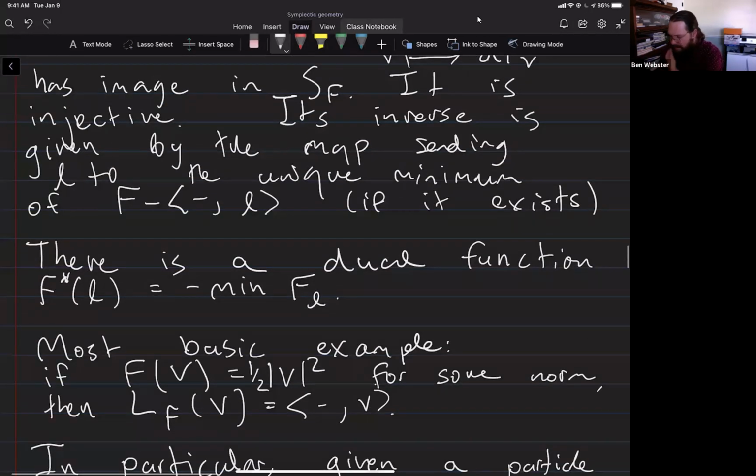So the most basic example to keep in mind is if V has some inner product on it, then I can look at norm squared. And for my own reasons of taking derivatives, I'm going to put 1/2 norm squared. And if I do that, well, what's the derivative of that at a point f? It's pairing with that element f thought of as a linear function.